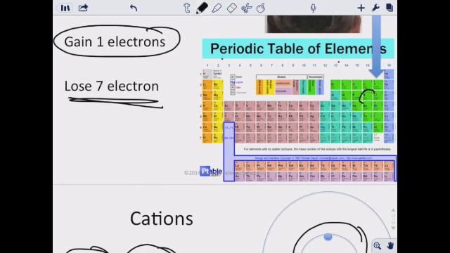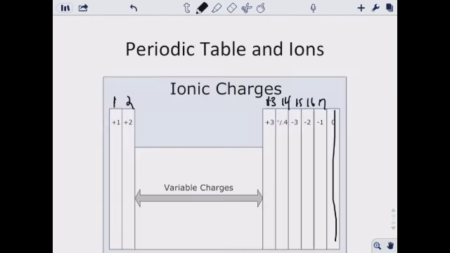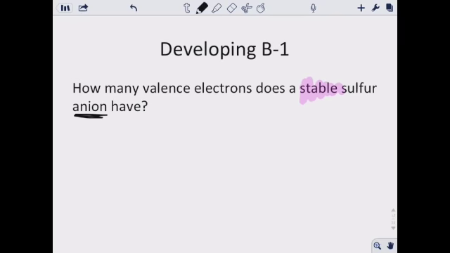Sulfur is right here, and it's stable, so that means it looks like a noble gas. It's gained 2 electrons, and now it looks like argon. Since it started with 6 and gained 2, sulfur is now going to have 8 valence electrons. And the key thing here is that sulfur having 8 valence electrons is stable.